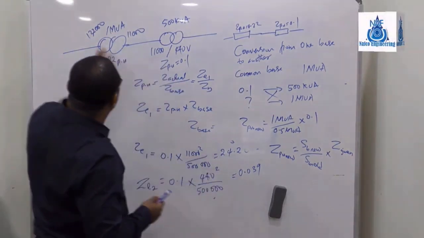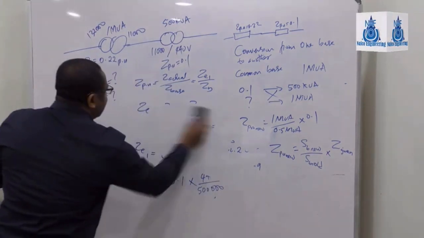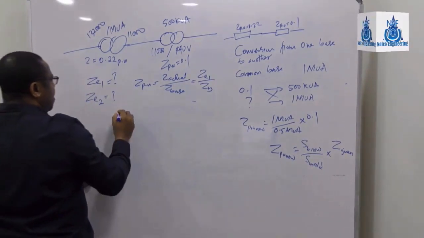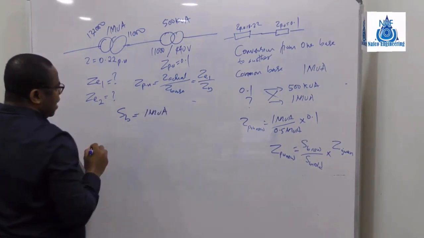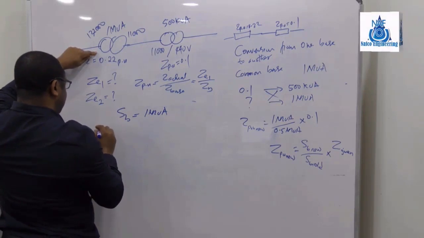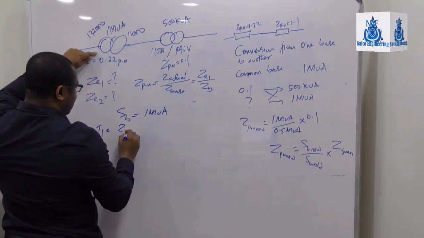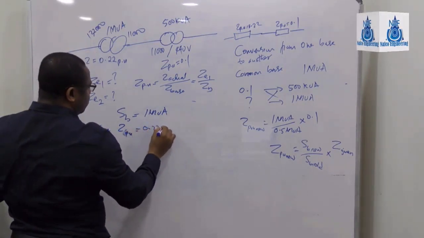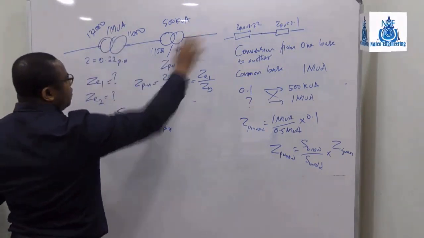Now in this particular case, let's see. If I choose S base to be 1 MVA, it means that for transformer T1, Z per unit will remain 0.22 pu, because I've taken this as the base for everything.